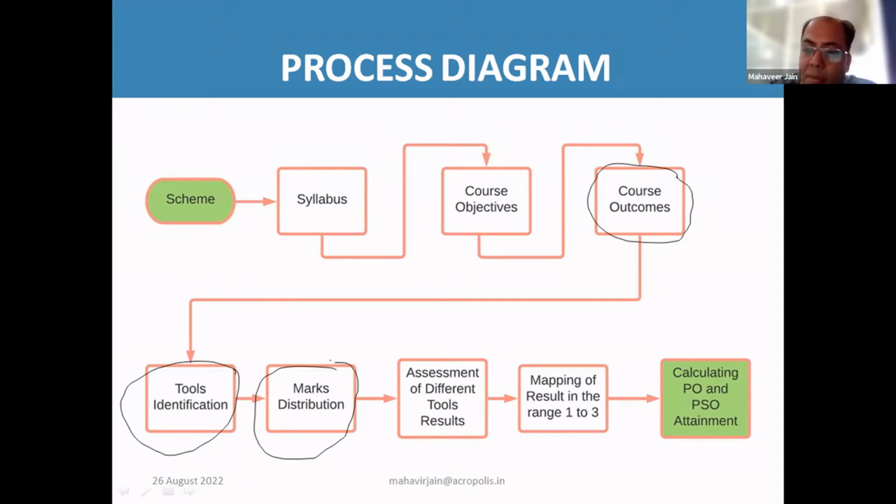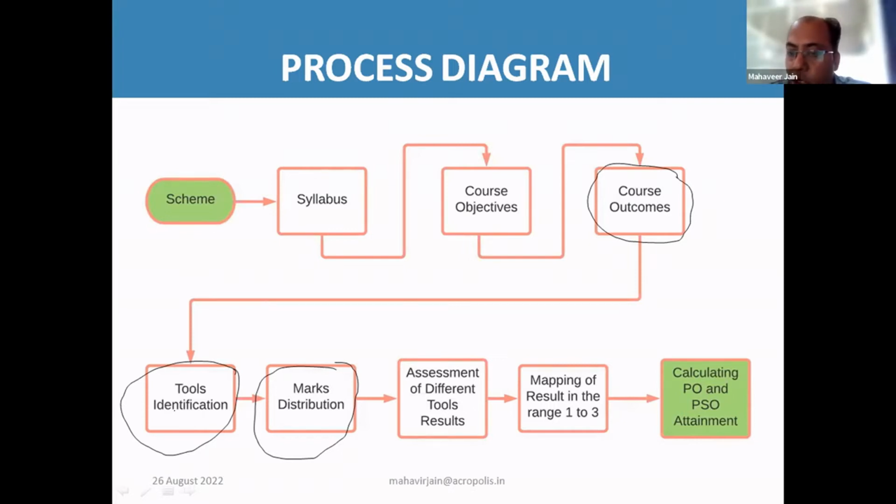So I decide that I will organize a coding competition for my students. In the coding competition, I will give the students a problem to write a program for the stack operations. On that basis, I will analyze the performance of my students. Am I clear? Yes, sir. Okay, so tools can be identified.